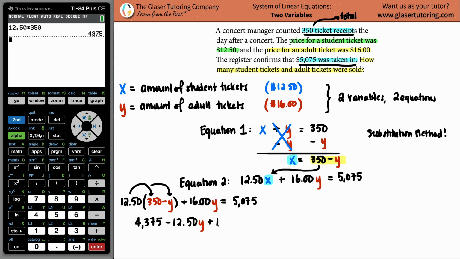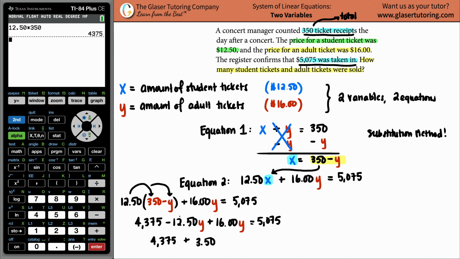plus 16 times y equals $5,075. We can now simplify our y values. So 4,375 plus, what is this? So we got 50, so that is 13, 14, 15, 16, so $3.50.